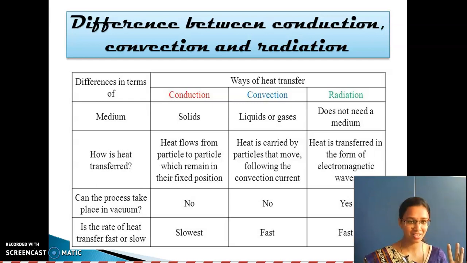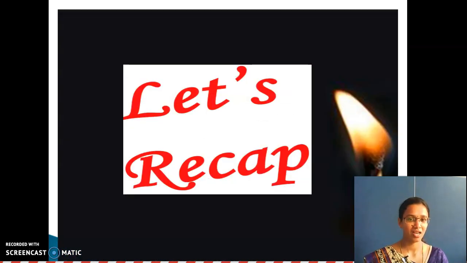Are you clear with this? So we had seen about heat. We recalled the last class, and then what we had seen: heat transfer. There are three types: conduction, convection, and then radiation. Conduction, touching a hot pan or an object, takes place in solids.